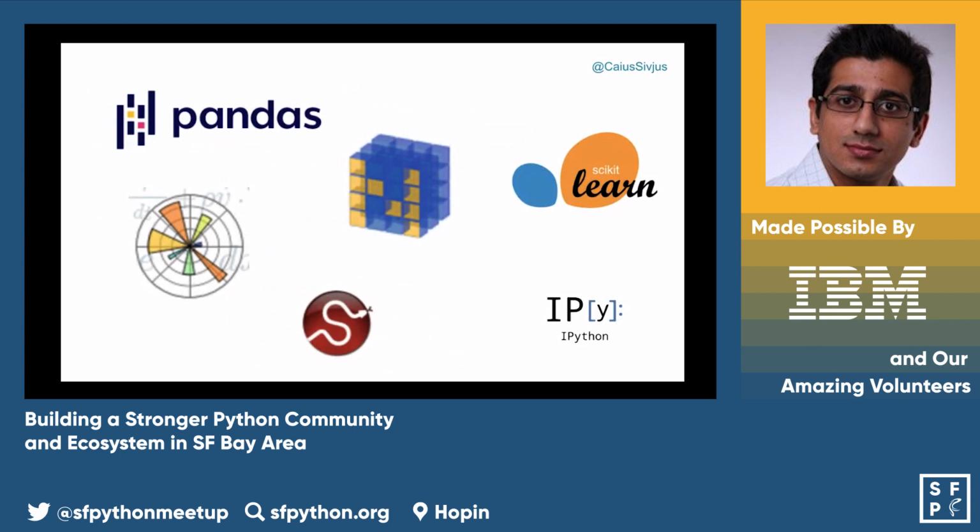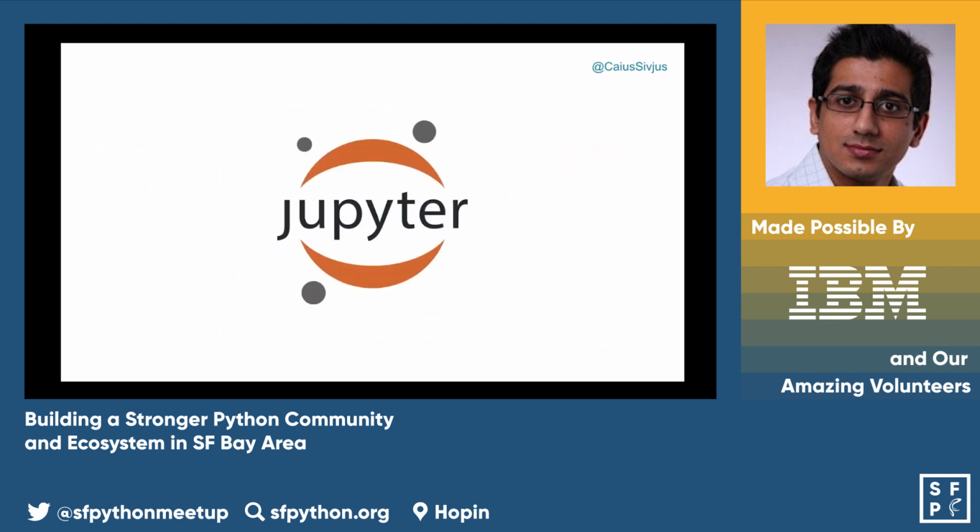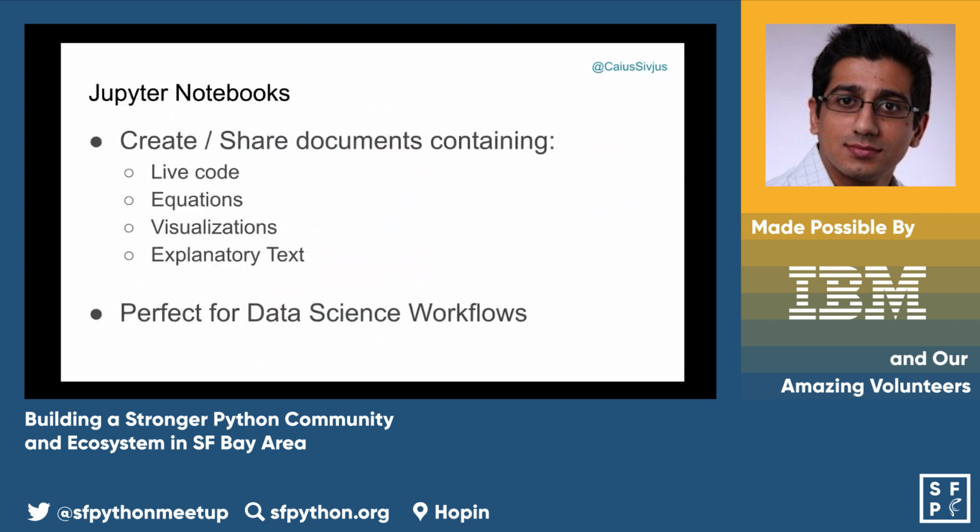Python has a really great ecosystem of data science tools that enable us to do analysis. And Jupyter is sort of the star of the show. It's our data science front end that allows us to capture our process. Jupyter notebooks are documents that contain live code, equations, visualizations, and explanatory text.